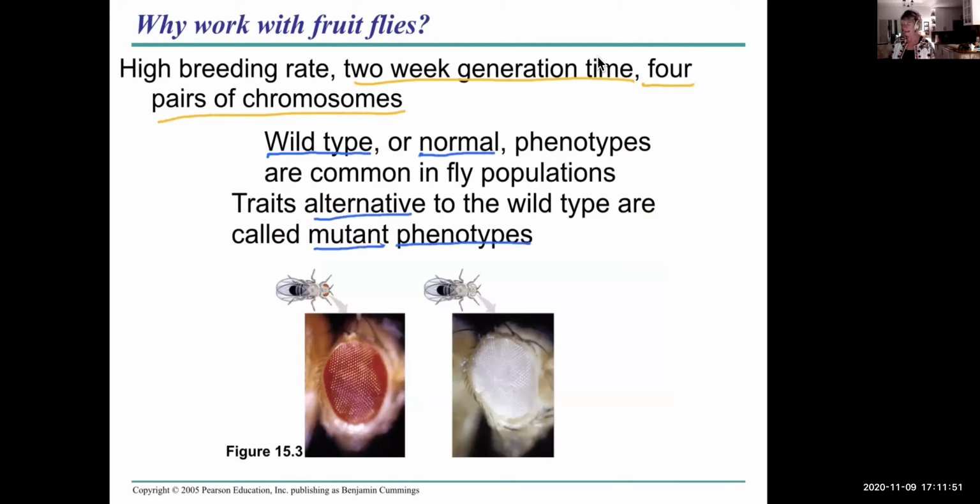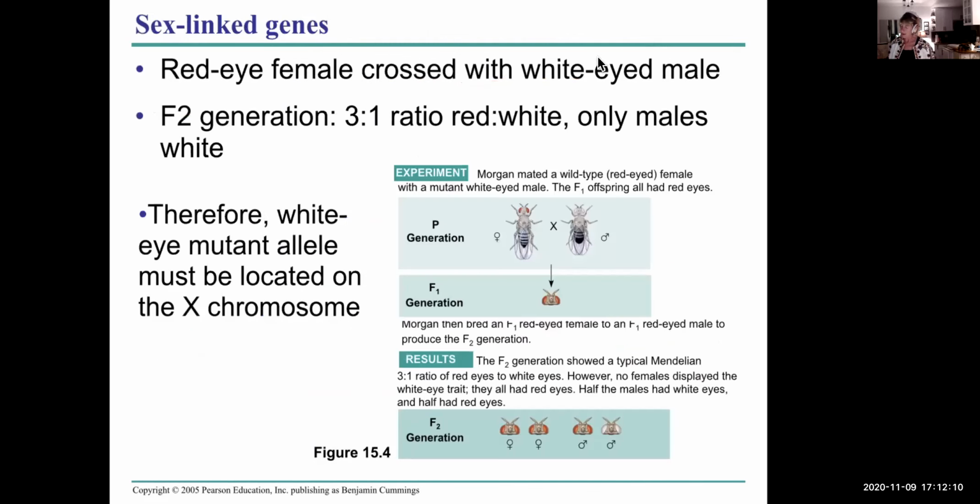It doesn't necessarily mean that they're bad, although sometimes they don't function. In this case, a red-eyed fruit fly is the wild type. They mostly have red eyes, but some of them, mutants, are white-eyed.